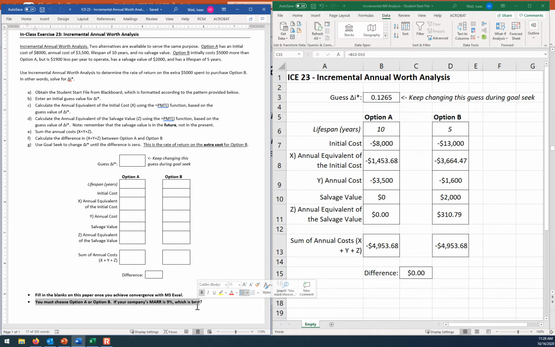And so the way to think about it is that if you're borrowing money for 9%, but you can earn a return on that money of 12.65%, then you should definitely go ahead and do that. It's better to borrow money at a low price and do something with it that returns more than the borrowing cost. So the answer is choose option B.